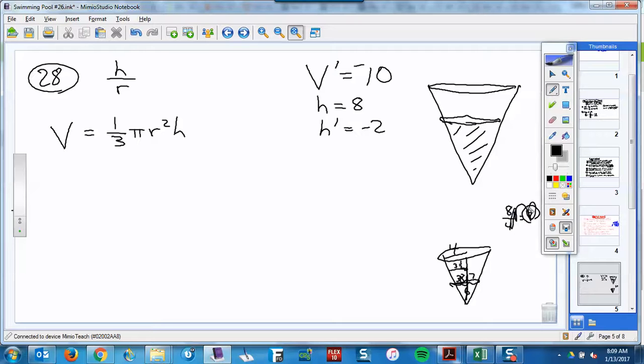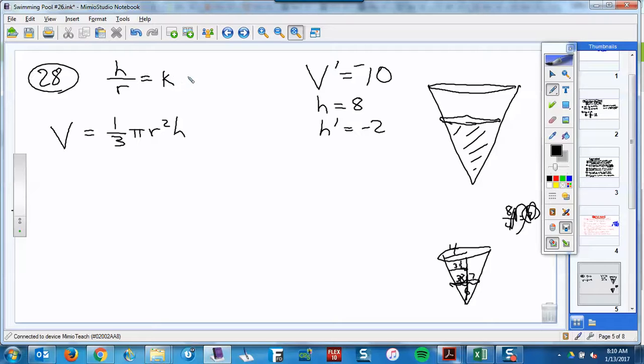It's a constant. So the secret to this problem is saying, okay, let's just call this K, this thing we're trying to find, right? Because we don't want to do the derivative with this volume equation, because we get R primes and H primes and we don't have any R primes. So we have to make variables. H and R both vary, but their ratio is a constant.